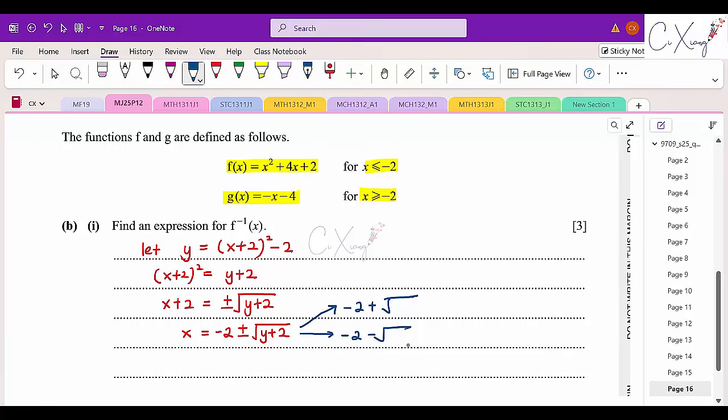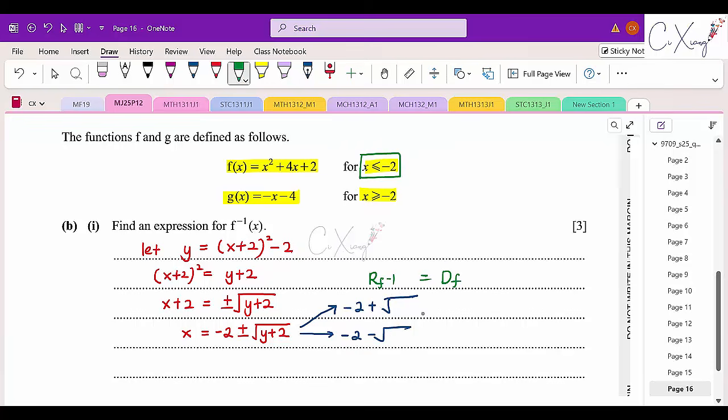And how can we choose what is the correct function for this one? You need to know that when we are looking for this, it is actually the range of the inverse function, and it should be equal to the domain of the function. What's the domain of the function here? It is actually x smaller than or equal to negative 2. And try to ask yourself, for these 2 functions here, which one will give you something that's less than negative 2?